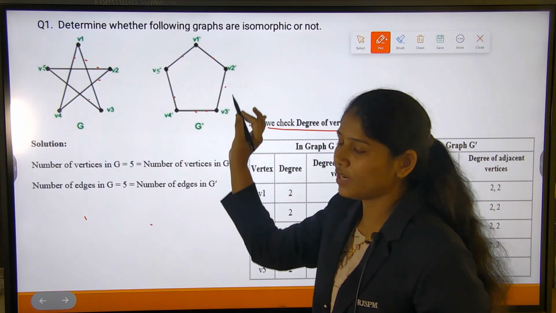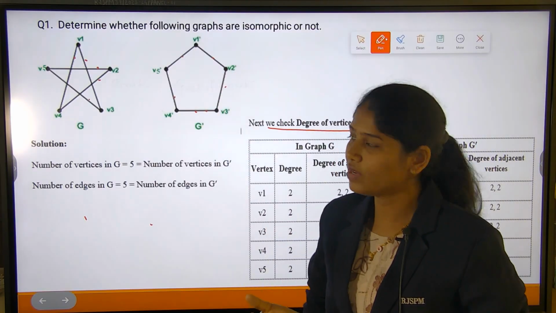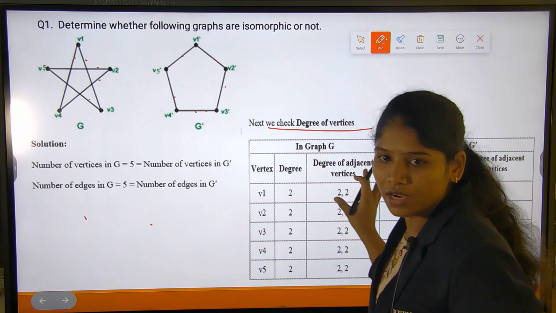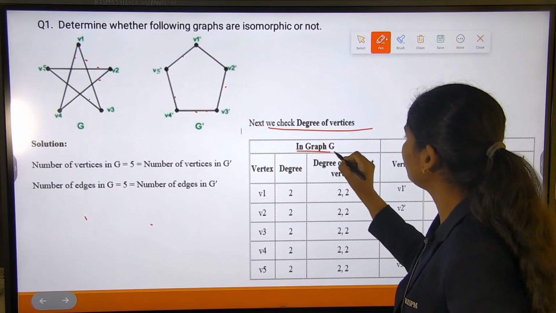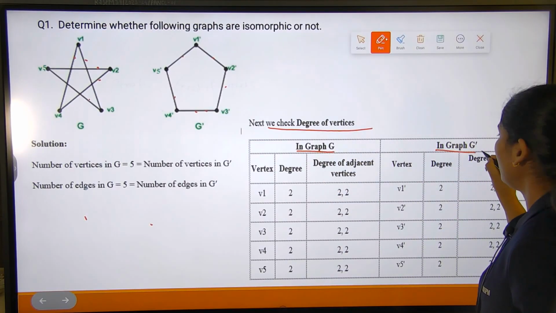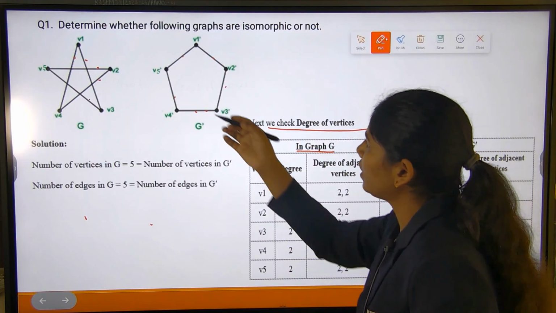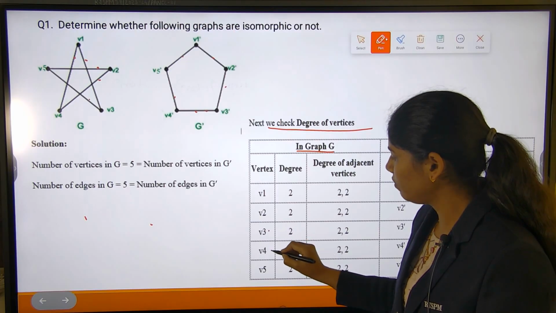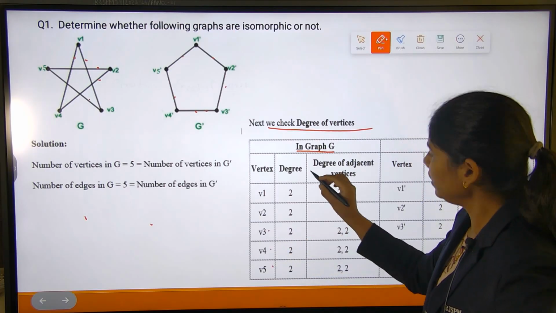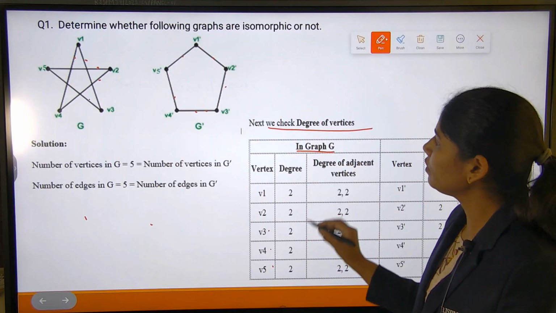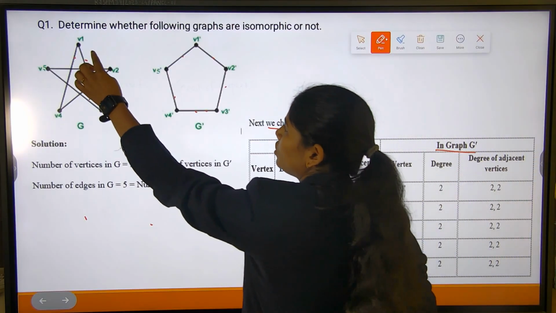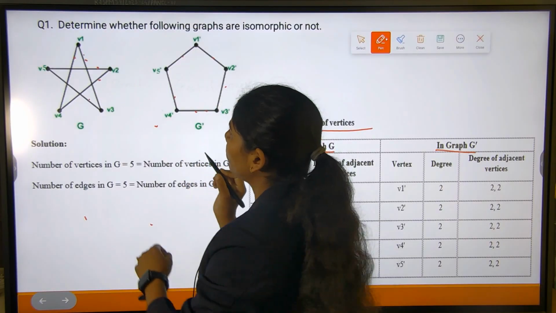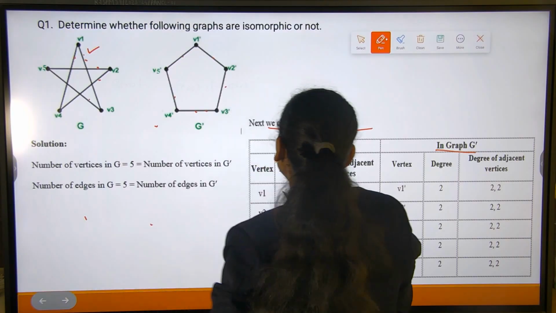We need to find out the degree sequence of both graphs. For that, make a table for graph G and next for graph G dash. Graph G has 5 vertices, V1, V2, V3, V4 and V5. Then find out the degree of each vertex. For V1, there are 2 adjacent edges, therefore the degree of V1 is 2.